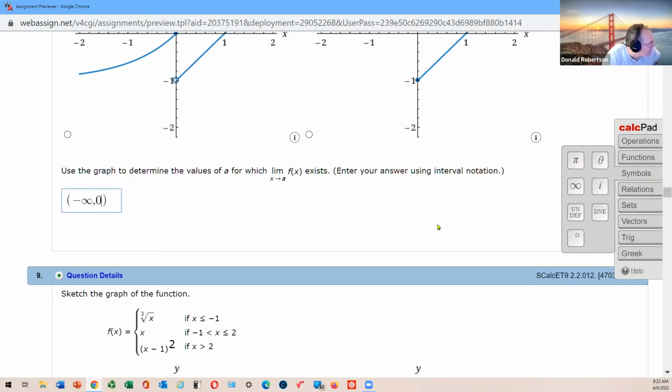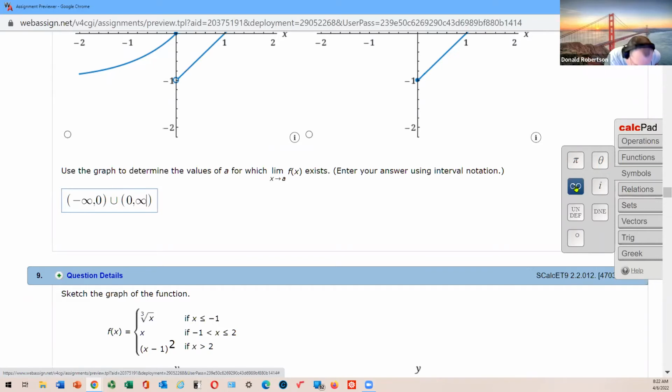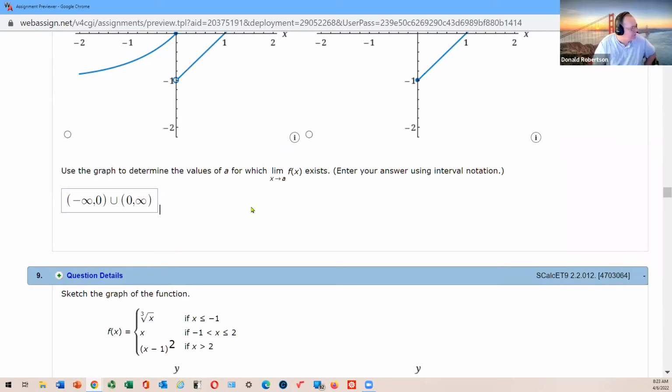Oh, I didn't need that bracket, it did it automatically. And then I would do union 0 to infinity. And there we go. Can you remember doing interval notation from 141? So that's essentially how that's going to happen.